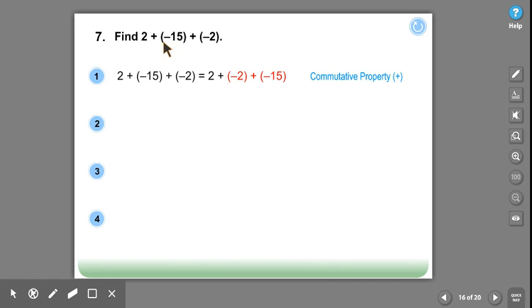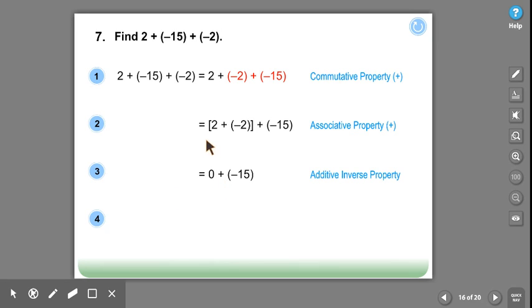So we just switched the numbers around, because it doesn't matter when you're adding it all together, so that the 2 and the negative 2 are together. And just like our other example, 2 plus negative 2 is special because they're opposites. So they put parentheses around the 2 and the negative 2 because they want you to do that first. And that's going to equal 0 because any number plus its opposite is going to equal 0. So the answer is just negative 15.